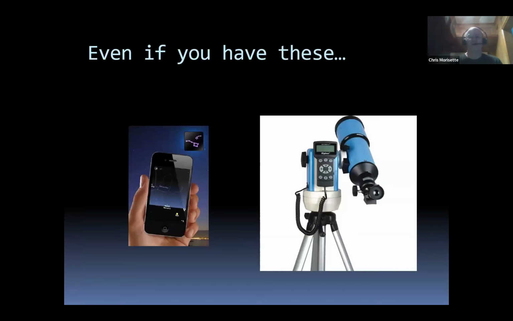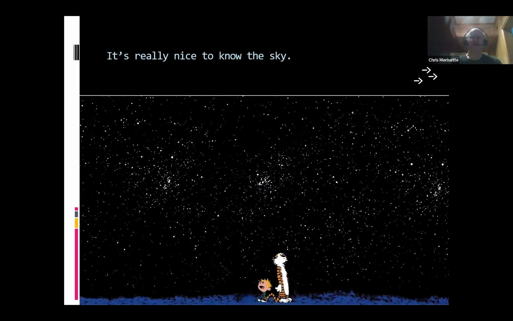Okay, so let's talk about navigating the night sky. We have phone apps and go-to mounts at our access, and those are really great technologies to have. But it is always a great idea to be able to navigate the night sky naked eye on our own, without any aids such as an app or a go-to mount.